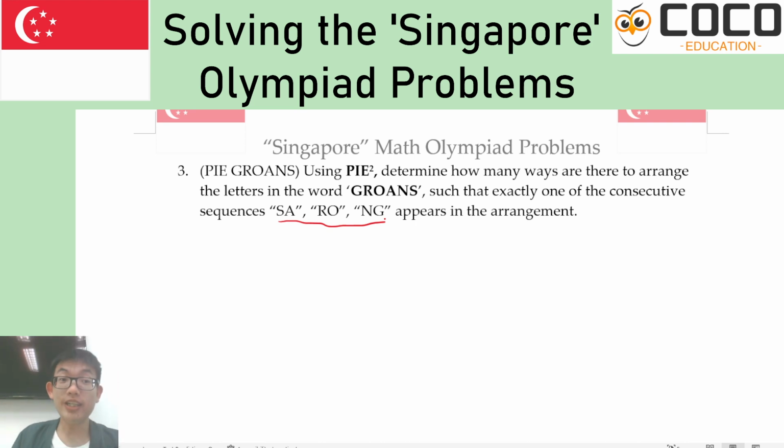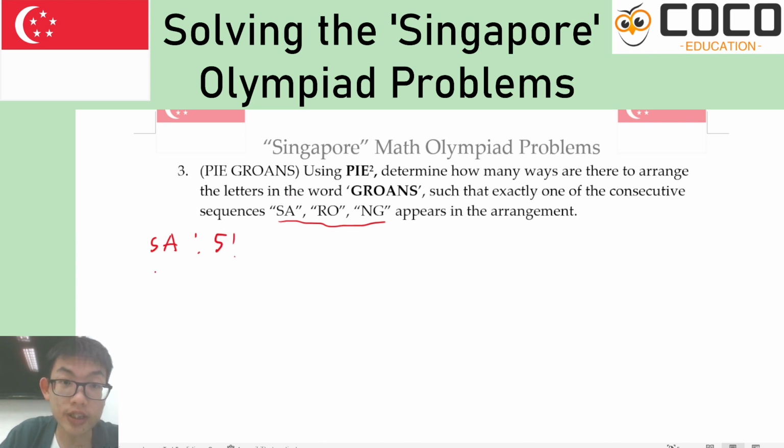We want to arrange it such that there's exactly one of the sequences in the arrangement. And this is a classic PIE, right? So if let's say that you want to count arrangements where SA appears inside, it means that you treat this as one block, and now there are just 5 things to arrange.